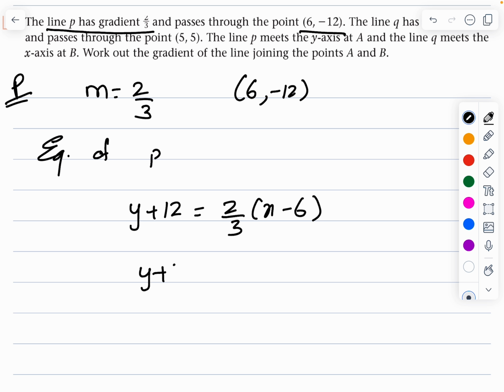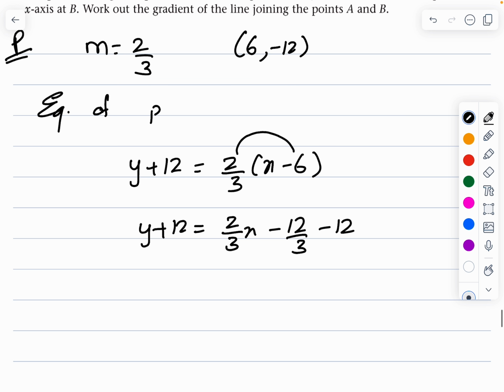So y plus 12 equals 2 upon 3 x. 2 upon 3 times 6 is 12 upon 3, plus 12 becomes minus 12. That I can do in the later step. So y plus 12 equals 2 upon 3 x minus 4 plus 12 becomes minus 12.